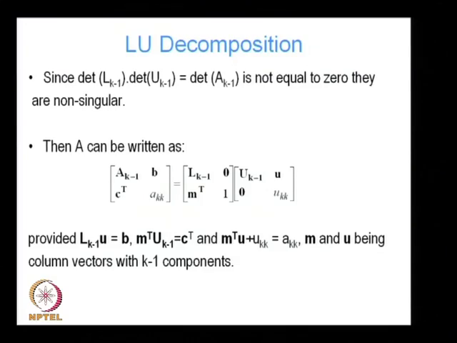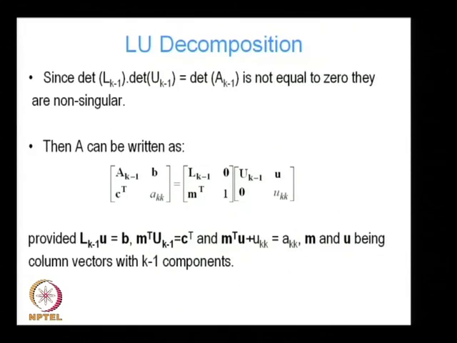Since the product of these two numbers is not 0, it is obvious that none of these individual numbers can be 0. So, each of these matrices L k minus 1 and U k minus 1 has non-zero determinant, which means they are non-singular and they can be inverted.